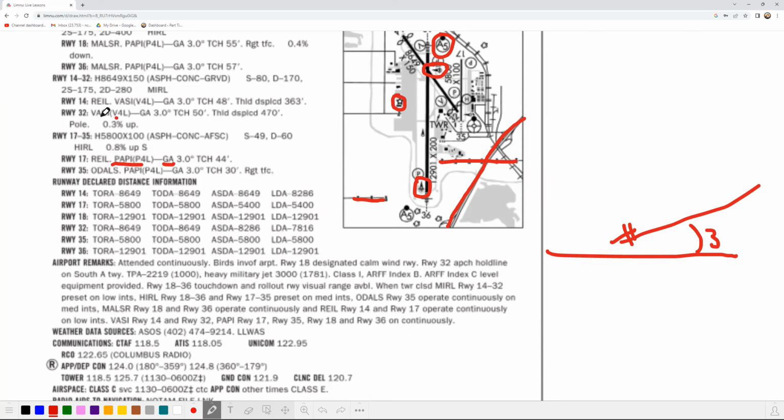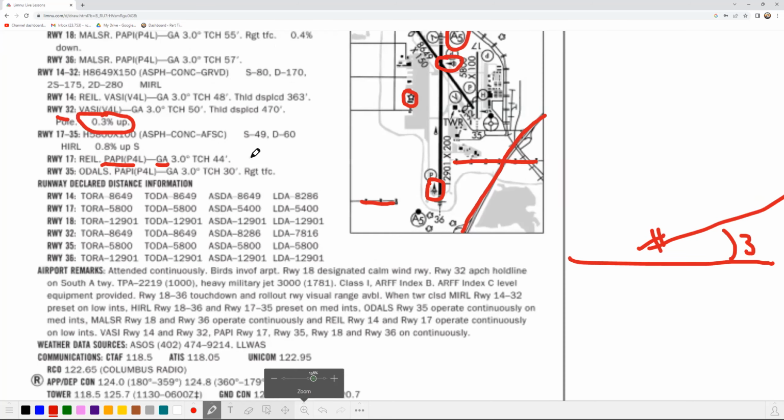What about this? What about 0.3% up? What's this 0.3% up on runway 32? Lindsay says slope of the runway.